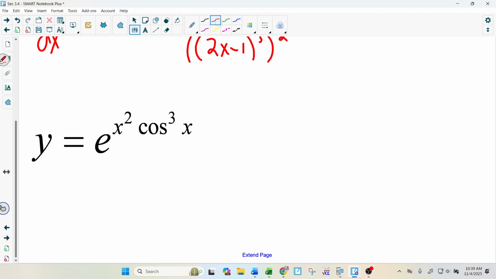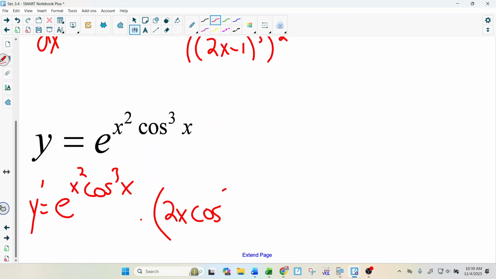You found all of the derivatives right. You just didn't do the product rule. So derivative of e to the junk is e to the junk times the derivative of the junk, which is the exponent, which is product rule. So it's derivative of the first times the second plus the first times derivative of the second.